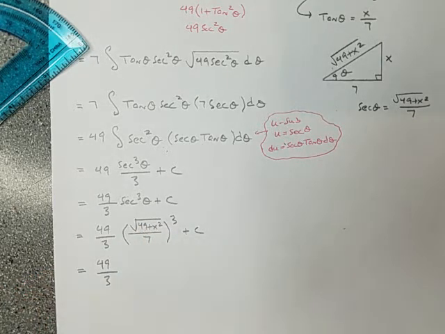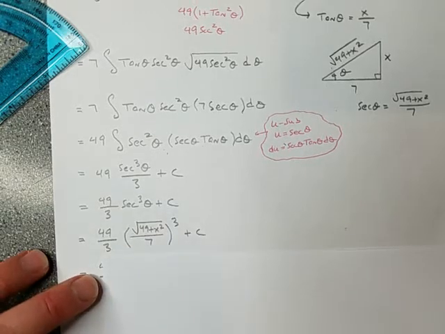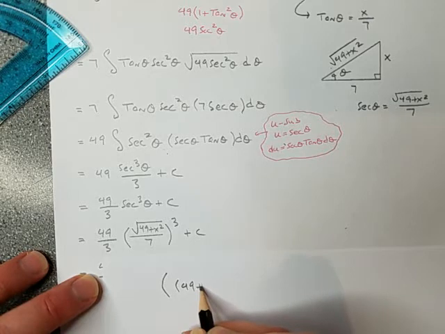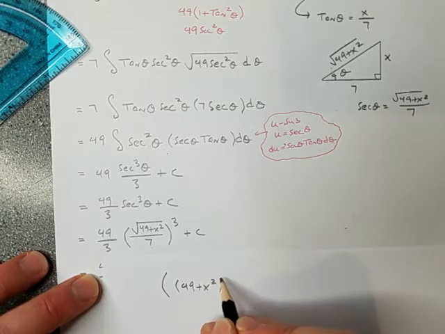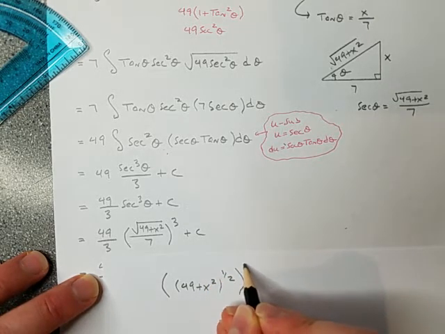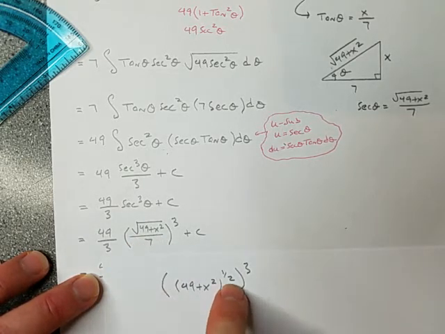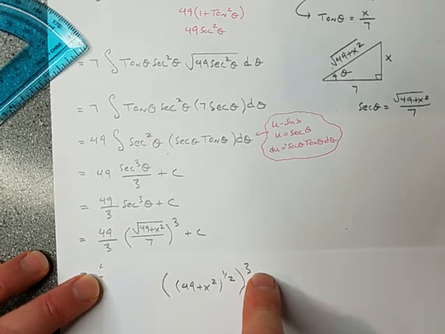Okay, so I try to do a little bit of reviewing when I do the videos. It's hard to decide how much is appropriate, but let's say that we're looking at this, right? Can you agree with that top part there? Root, that's 1/2 power, 49 plus x squared. That's to the third power.